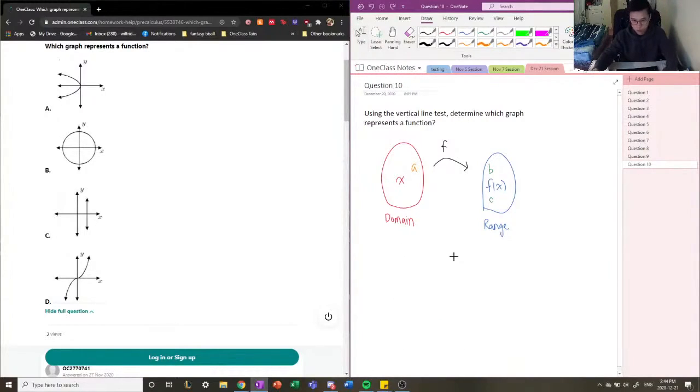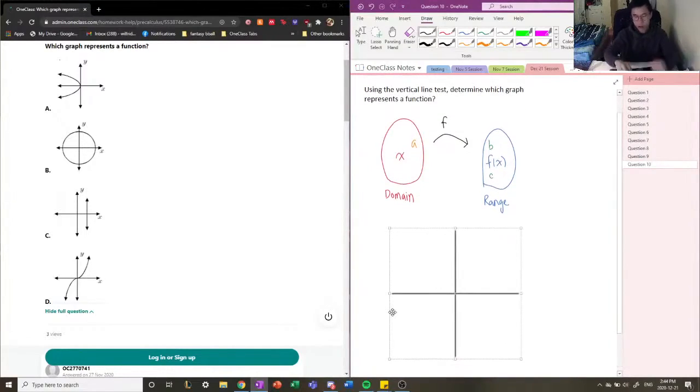If we were to have a line graph, with a line equation f of x equals mx plus whatever, and these are our axes, this is a valid function because one value of x maps to one value of y.